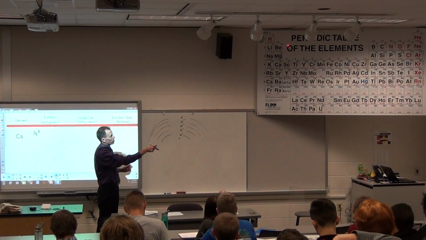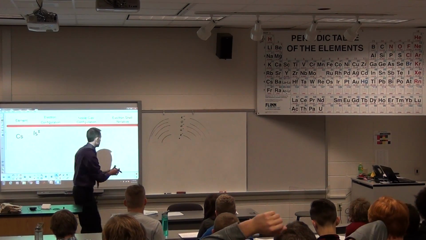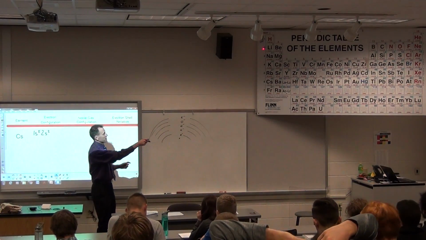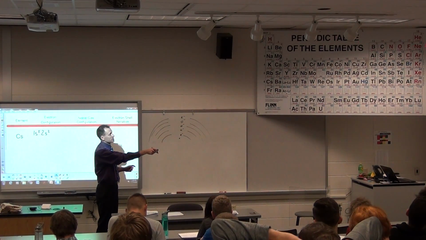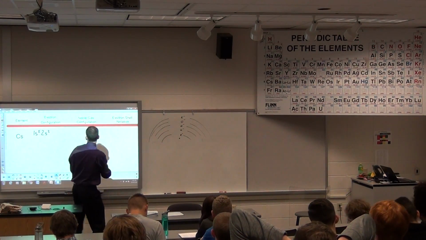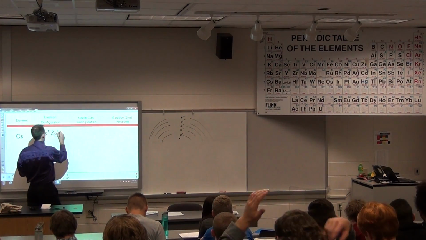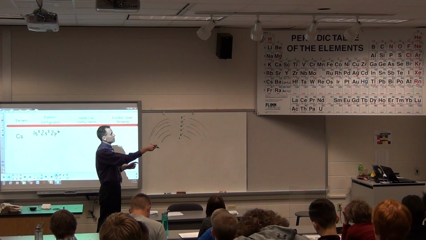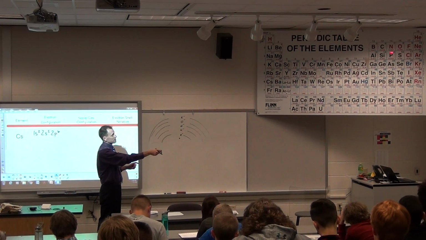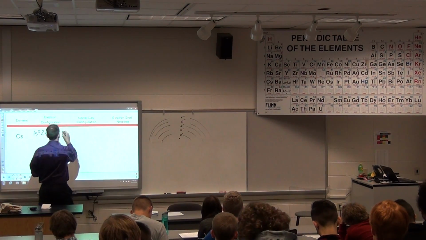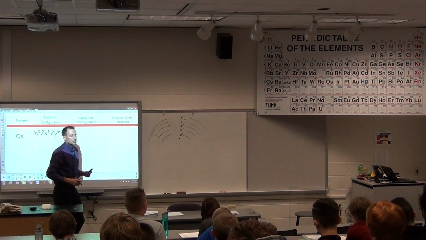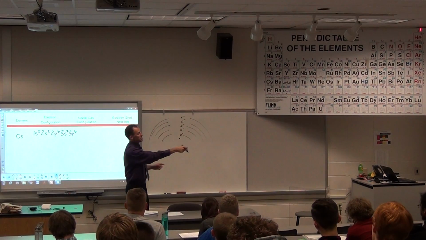Then here, I've got to go all the way through that. So that would be 2s2. I'm on the second row. I'm in the P block. That's 2p6. I jump down. This will be 3s2, right? This is 3p6. You don't have to be like, oh, what comes next? I just look.